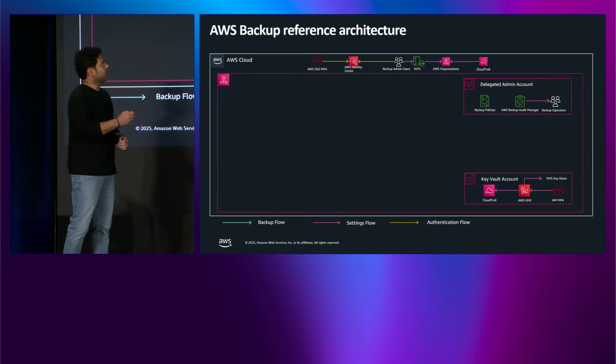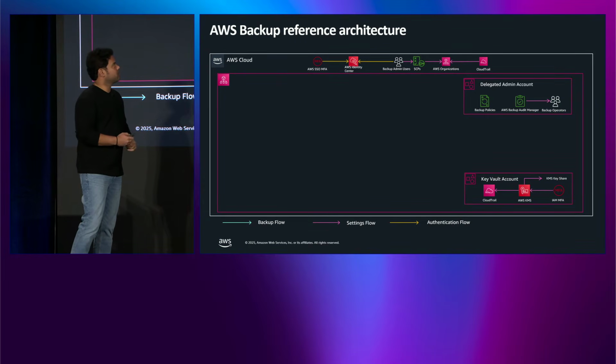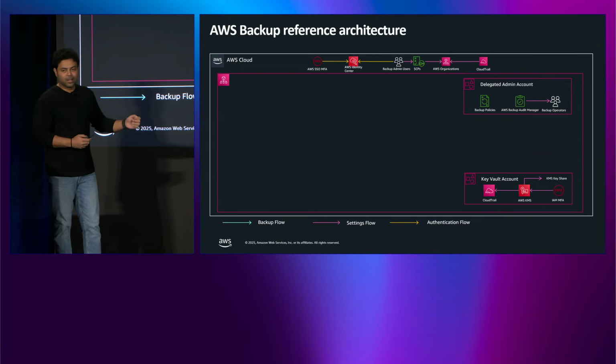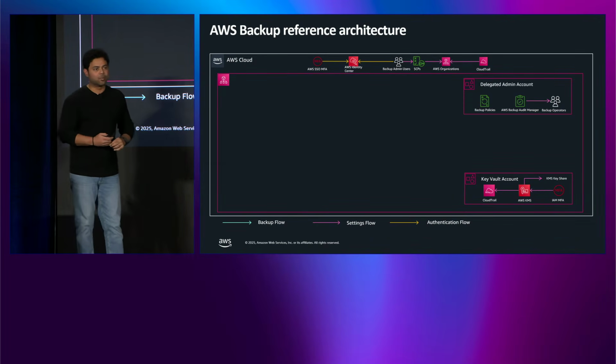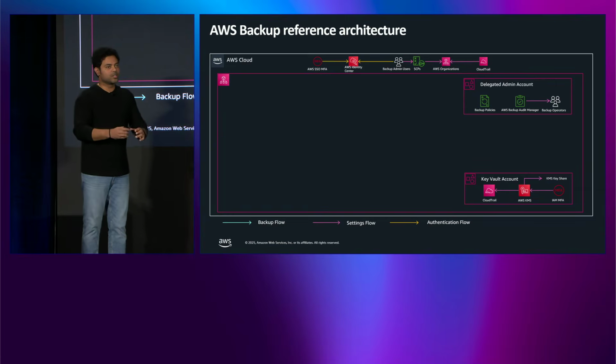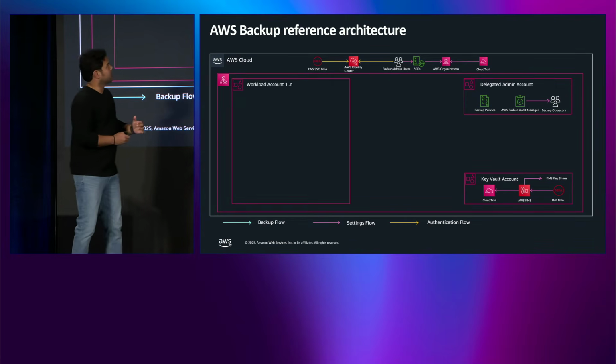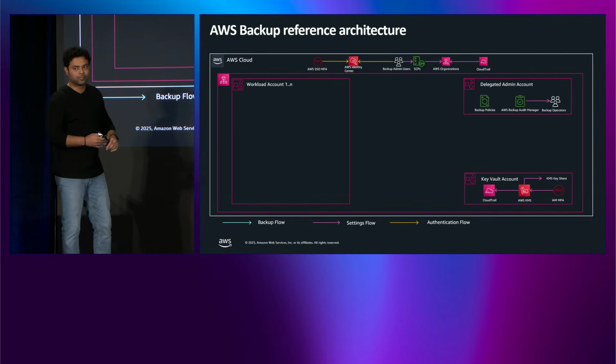It is recommended to have two designated accounts. The first one is called the Backup Delegated Admin Account. This is where your backup administrators will log in. This is where we want backup administrators to centrally create your backup policies and then share those policies out onto all of your workload accounts that you see on the left side here.